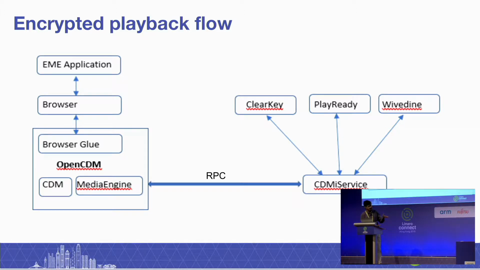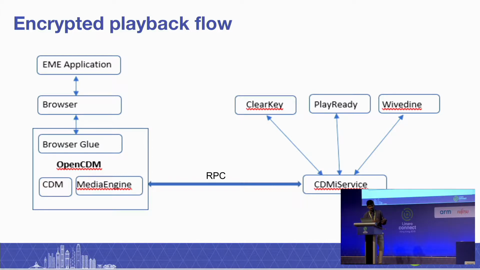So after that only we'll have the data path. Once that session is created and the license is validated, the browser will start sending data, and the media engine will create a media engine session, and that will use RPC to transfer the data between CDM and back here.